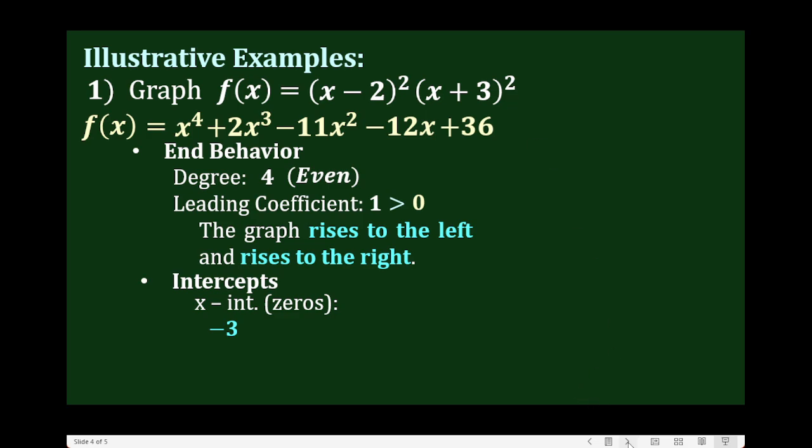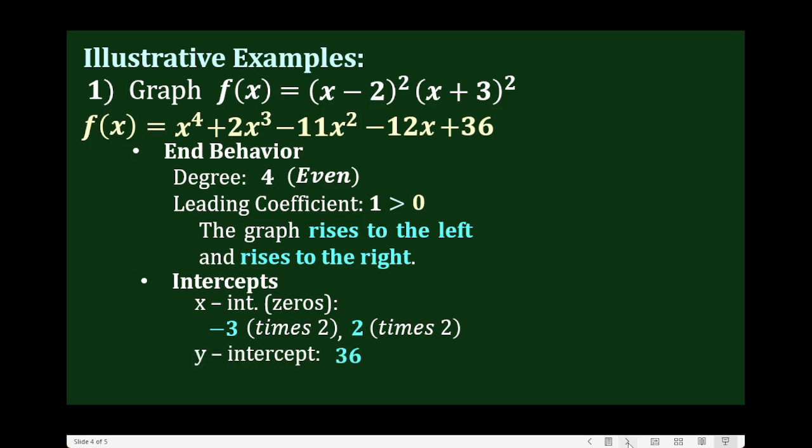So we have negative 3 of multiplicity 2, or times 2, and the second x-intercept is taken from negative 2. So we have 2, which is also of multiplicity 2, or times 2. And 2 is an even zero multiplicity.